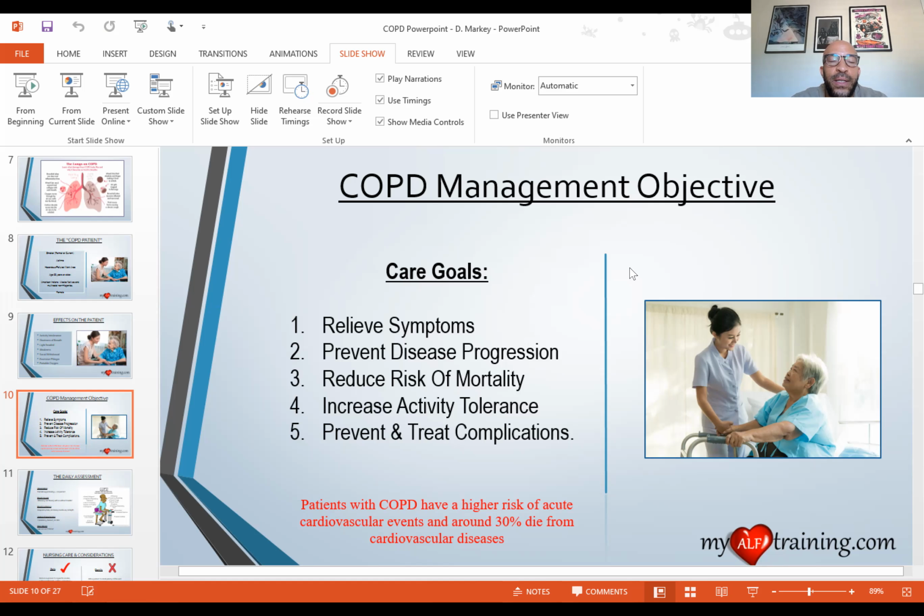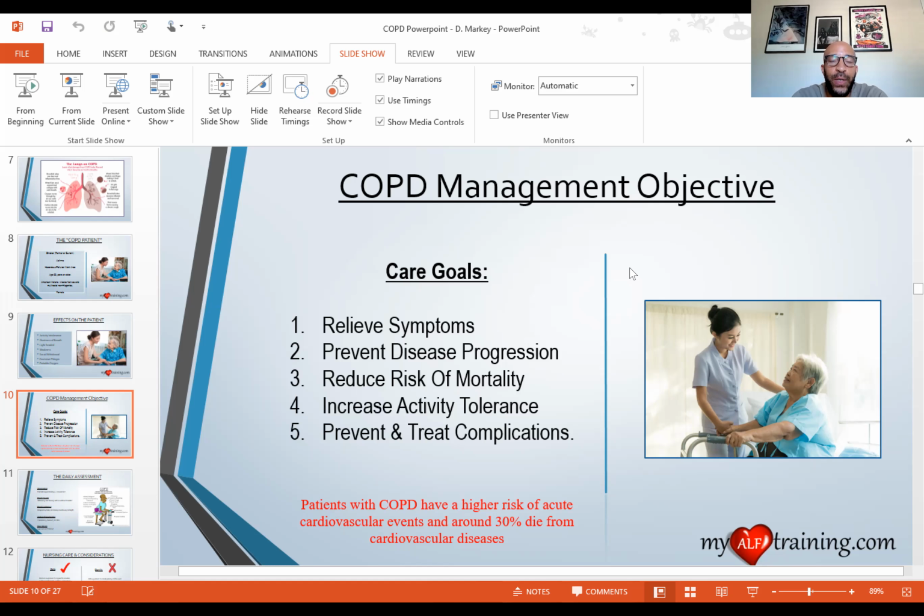This makes them weak, this makes them obese, and this just increases the likelihood that they will eventually pass because of this disease and the comorbidities that it brings with it. So, we want to reduce this risk of mortality.